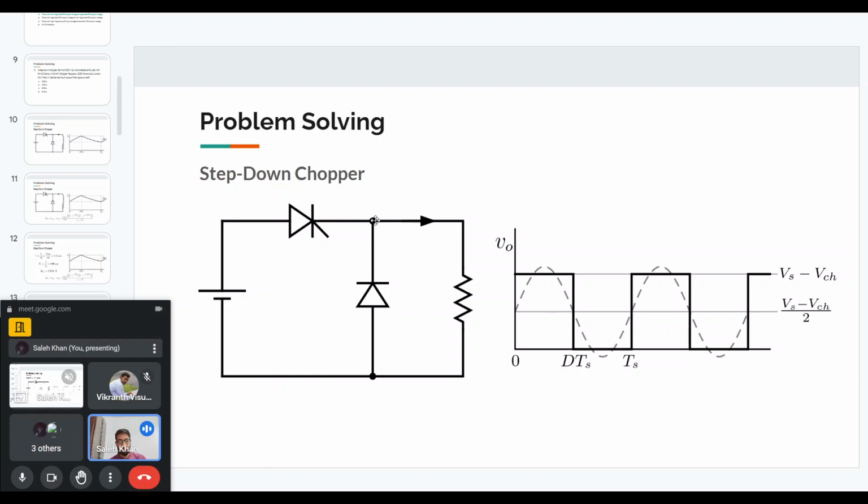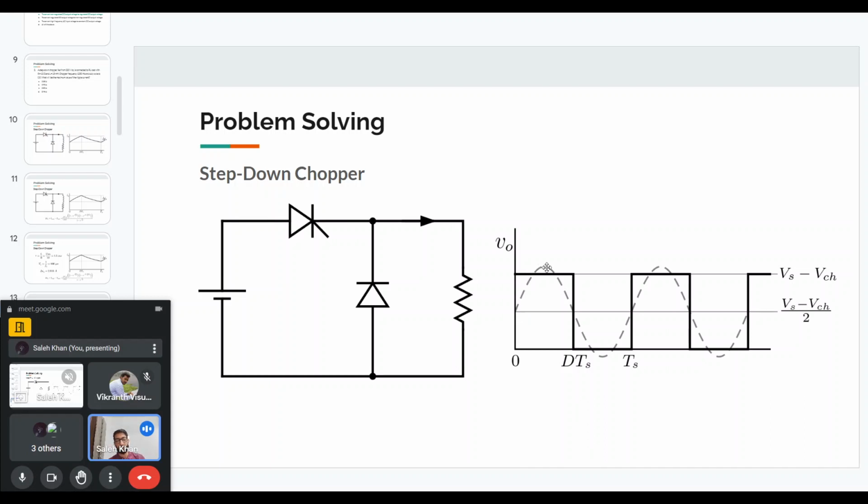After DTS, the chopper switch is turned off, so we will get zero voltage at the output. This looks like a square wave, and in the question it is given that the duty is 50%, so it is an exact square wave which goes from Vs minus VCH to 0. And it will have a fundamental, so you can understand that the square wave has many harmonic components.